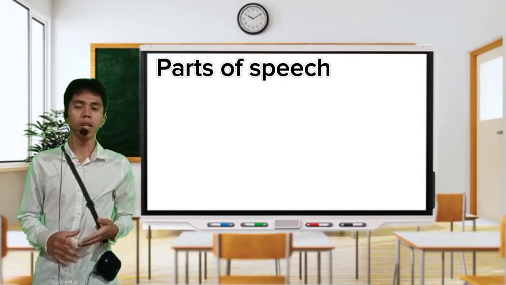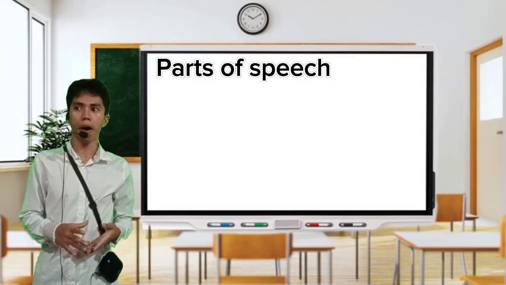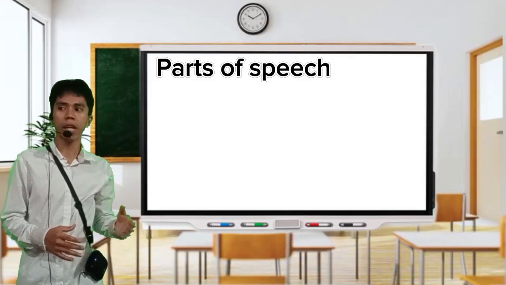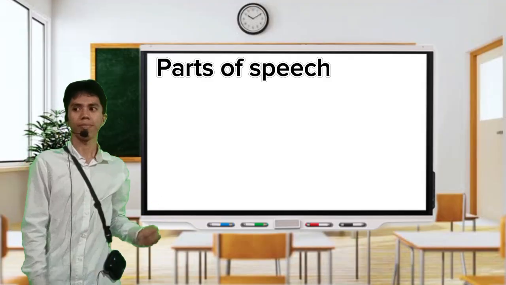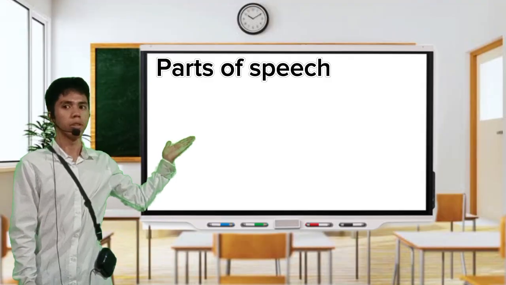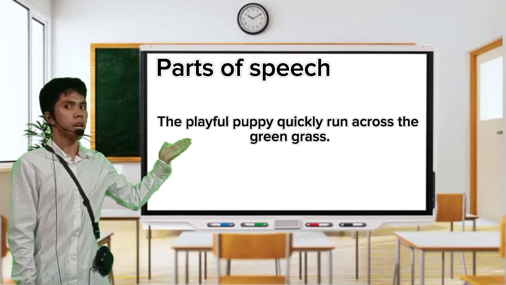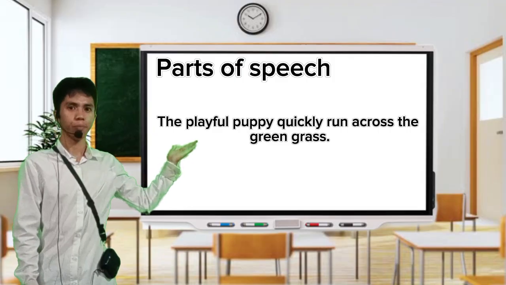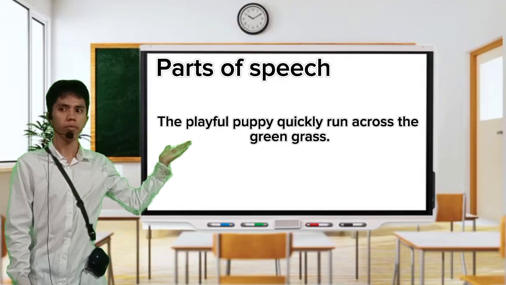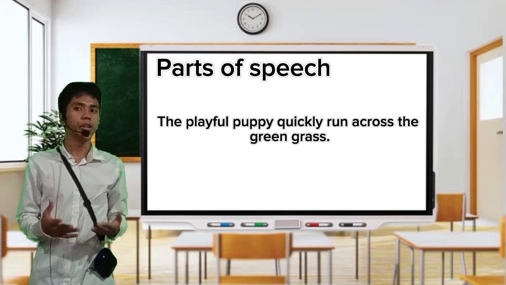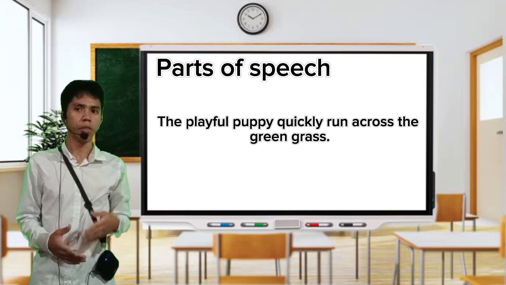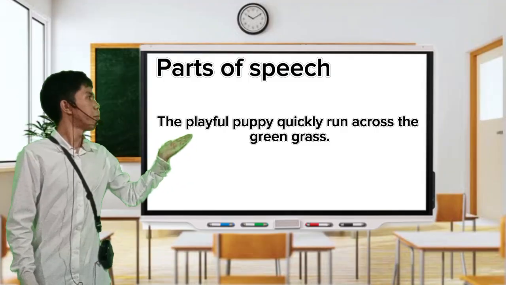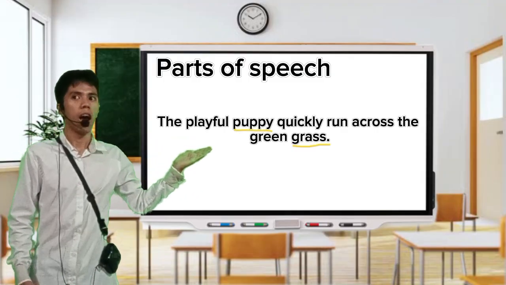Now that we know the definitions of each part of speech, let's see how they work together in a real sentence. Take this example. The playful puppy quickly ran across the green grass. Can you identify some of the parts of speech here? Puppy and grass are nouns.